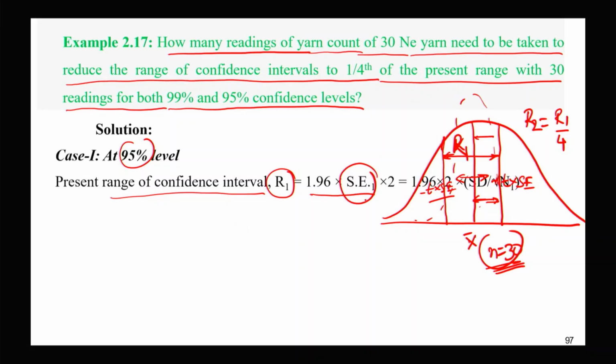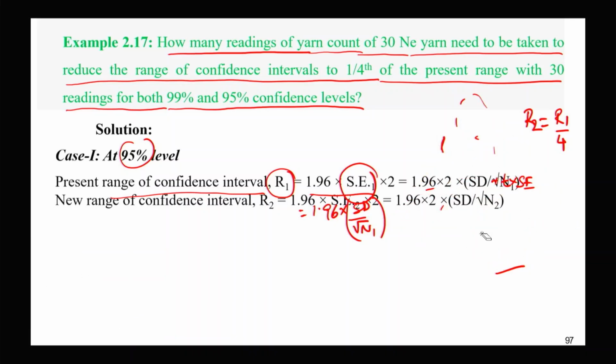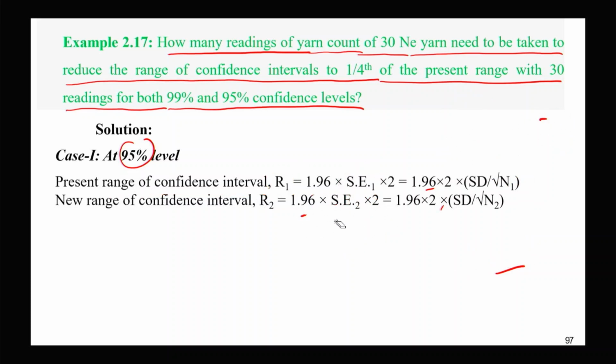So 1.96 times standard error 1 means standard deviation divided by under root N1, where N1 is 30.